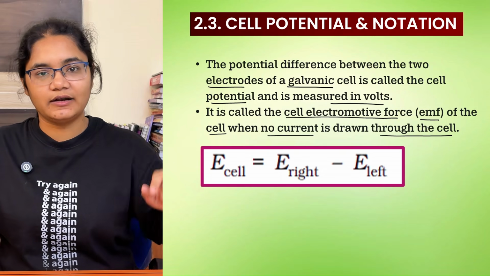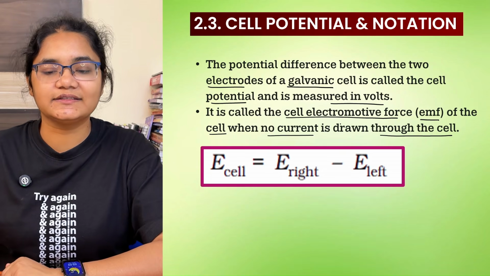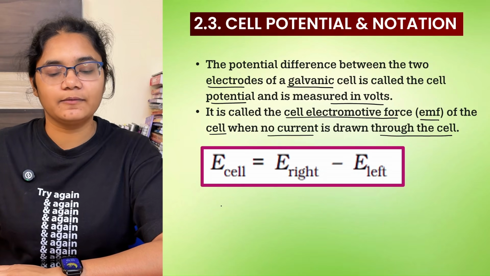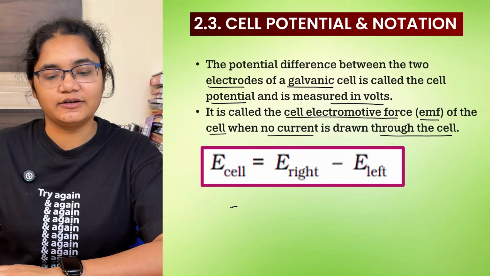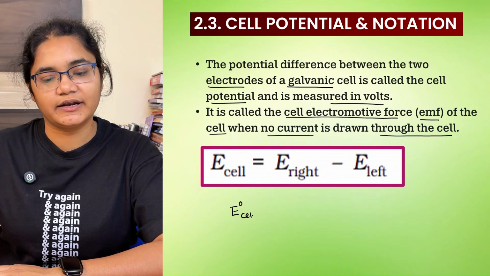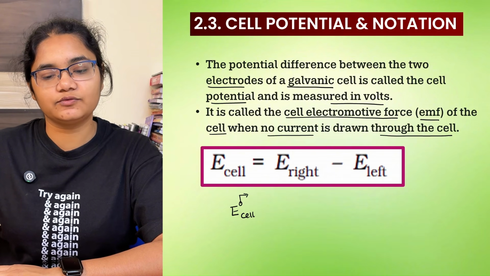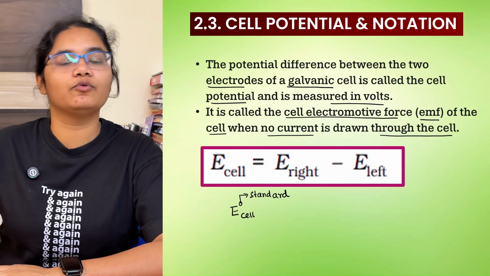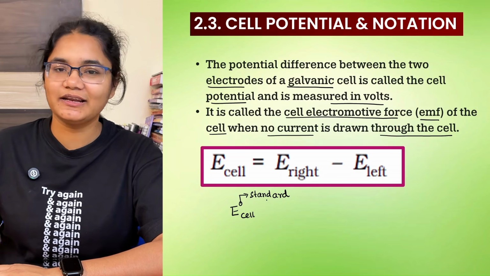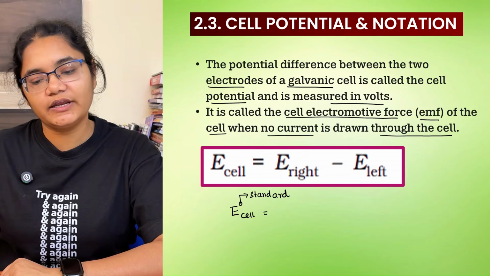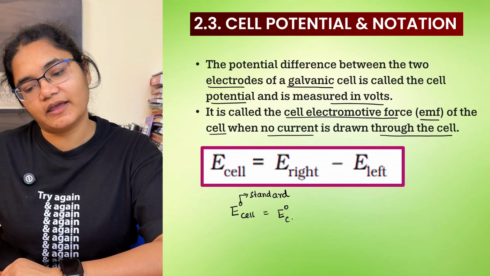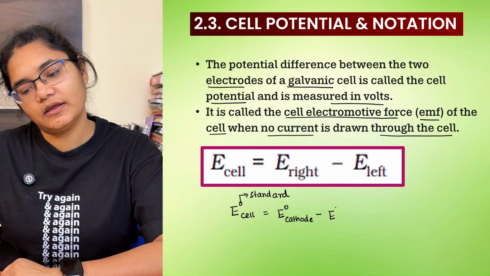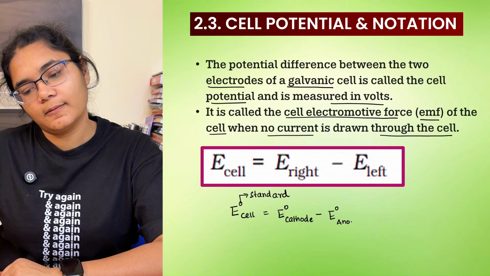Always remember that when you calculate the cell potential, E naught of the cell, the naught represents standard conditions: 1 molar electrolyte and room temperature. So E naught of the cell is equal to E naught of cathode minus E naught of anode.